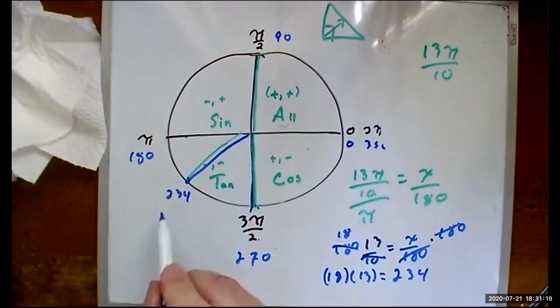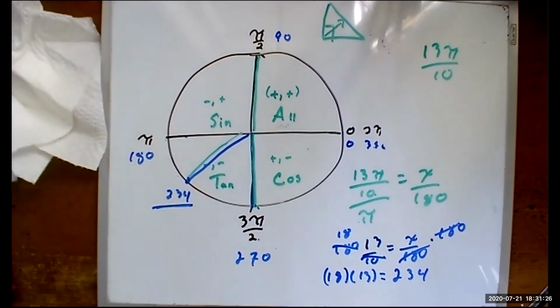And that is going to be your smallest, sorry, that was habit. As soon as I'm doing something, I'm looking for the reference angle. Because I'm at less than 360, 234 is the angle that is coterminal.